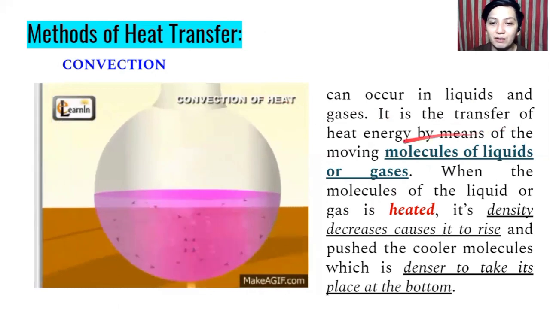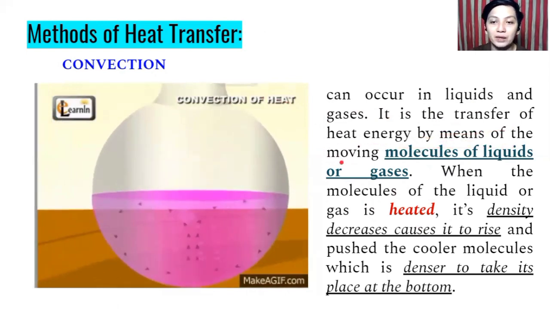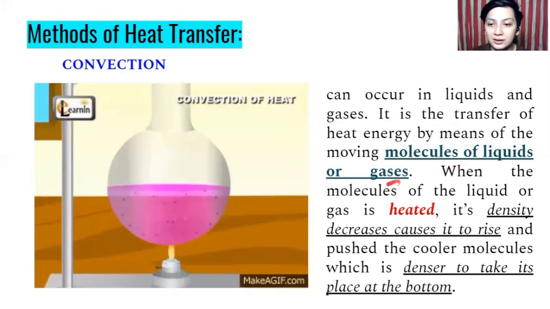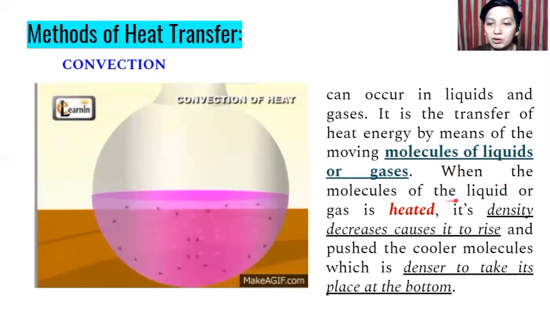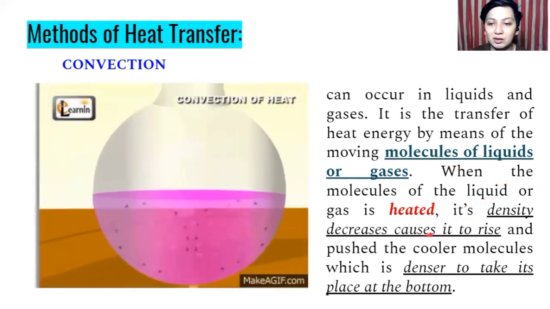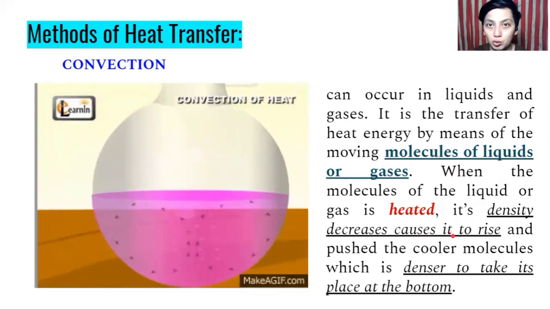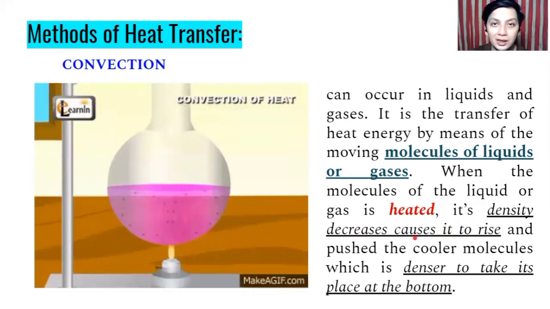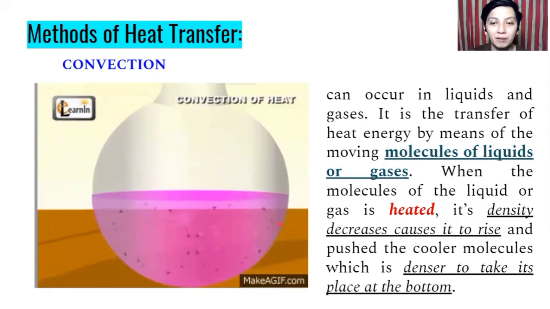It is the transfer of heat energy by means of moving the molecules of liquids or gases. So when the molecules of liquid or gas are heated, their density decreases, causing them to rise. Kaya yung mainit, okay, umaangat, ayan, umaangat na tubig yan. Tapos yung malamig, bababa.